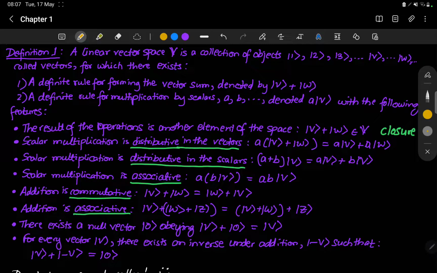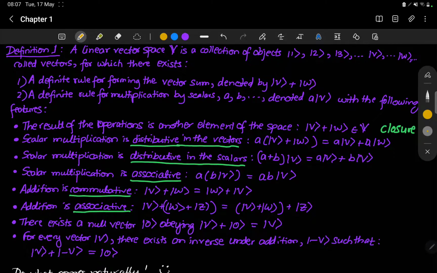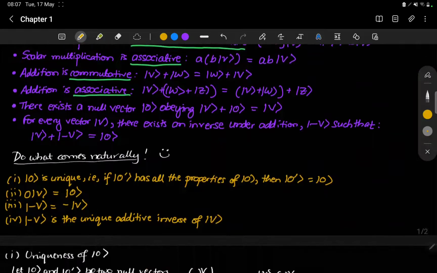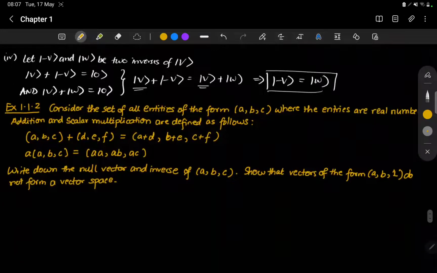If even one of these axioms is not satisfied, then that means that this collection of objects does not form a linear vector space. So now we can come back to our question.